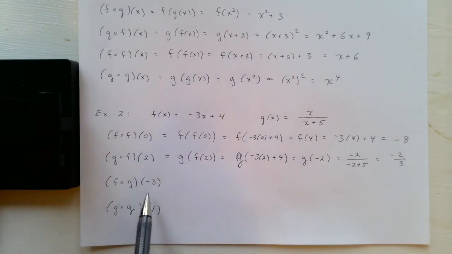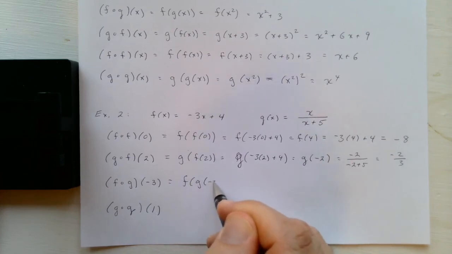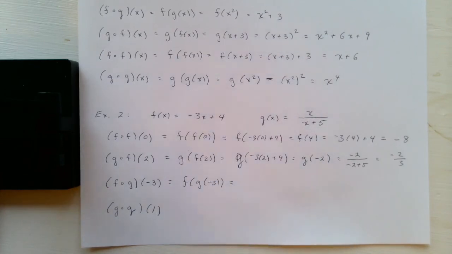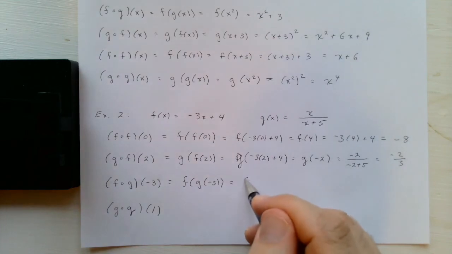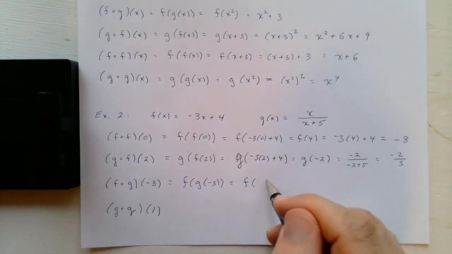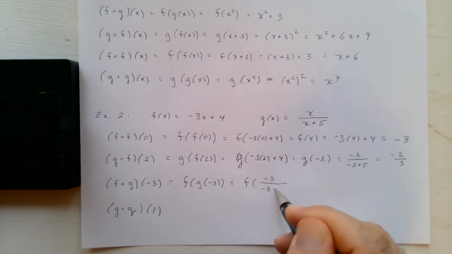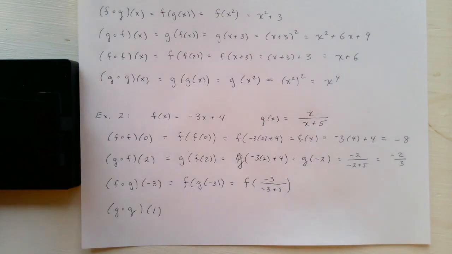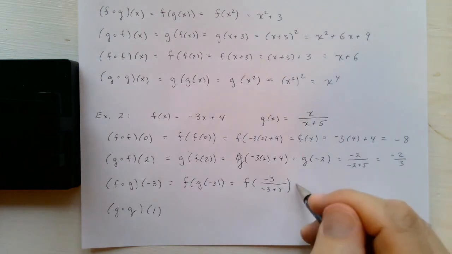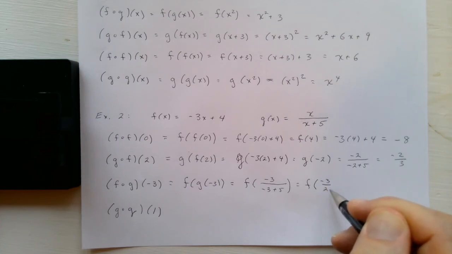F circle g of negative 3, that would be f of g of negative 3. Okay, what is g of negative 3? That's negative 3 over negative 3 plus 5, which is f of negative 3 halves.